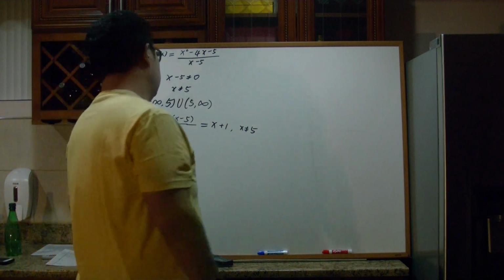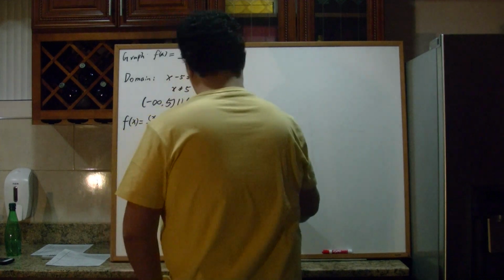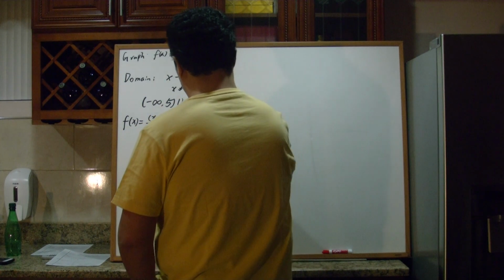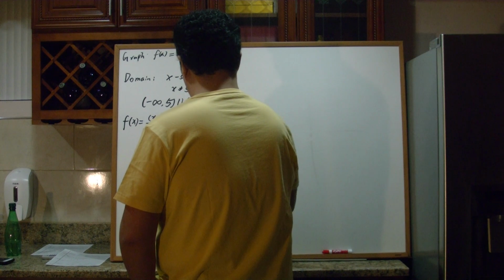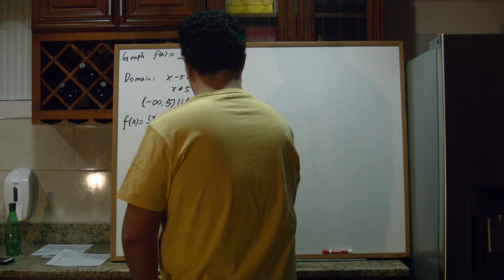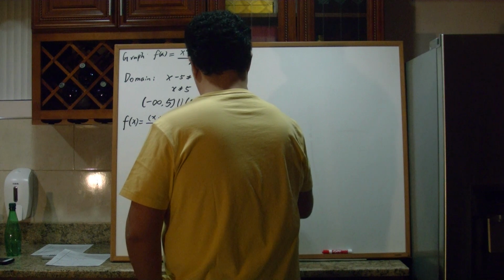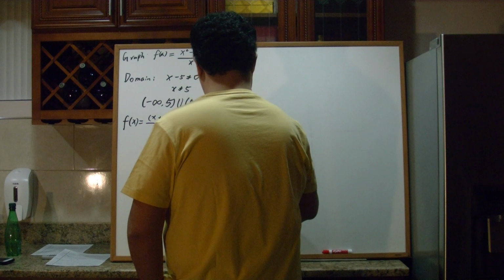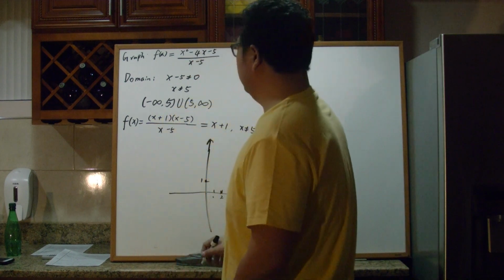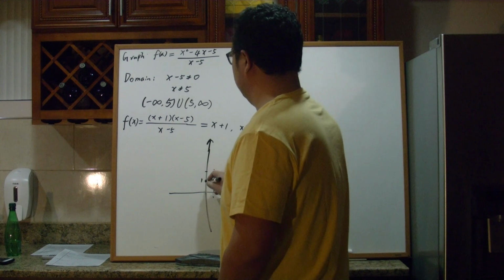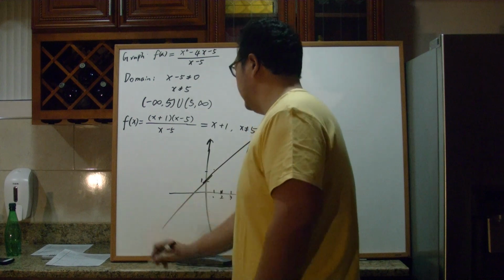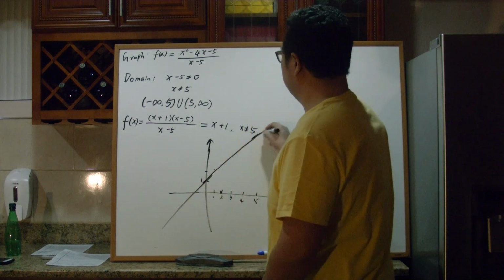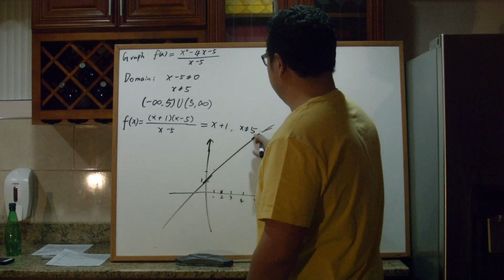Two points can draw a graph. When x is 0, y is 1; when x is 1, y is 2, so we have a straight line, but also x equal to 5 should be dug out.